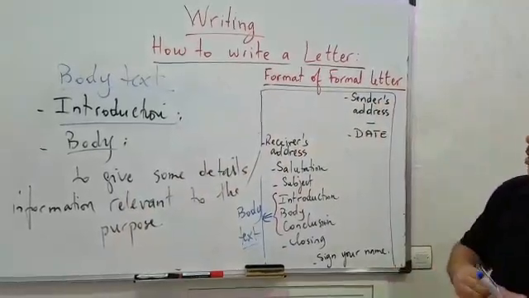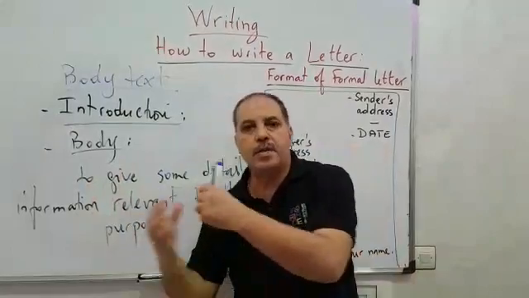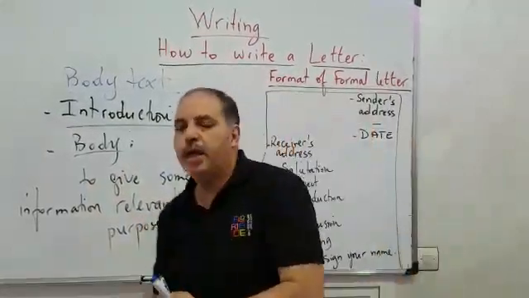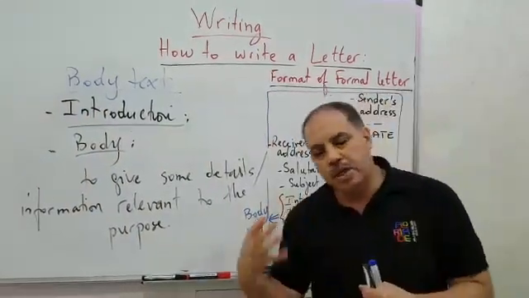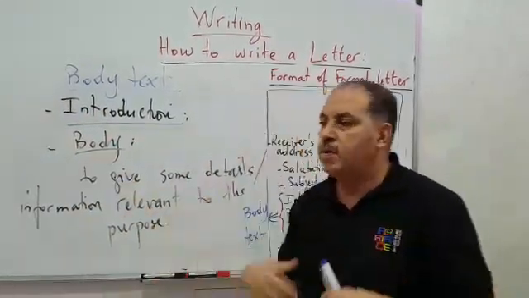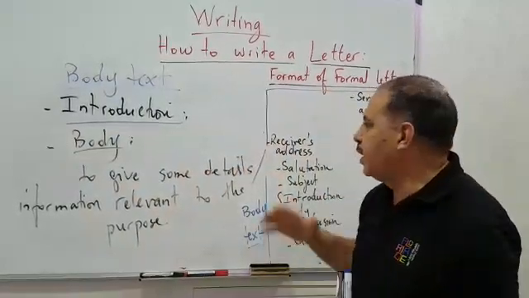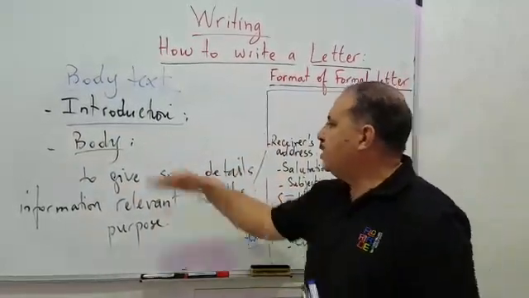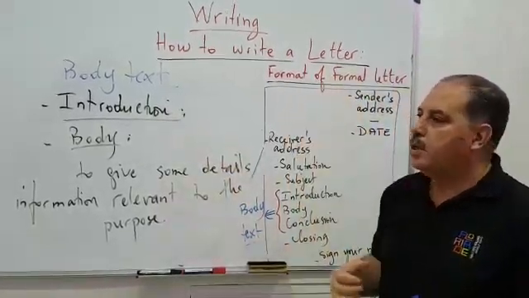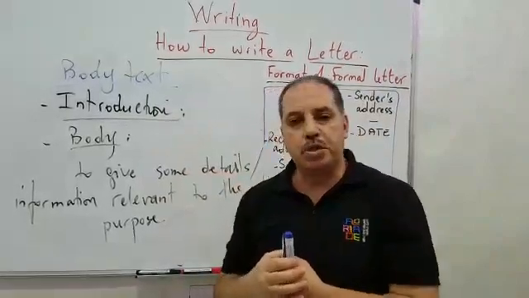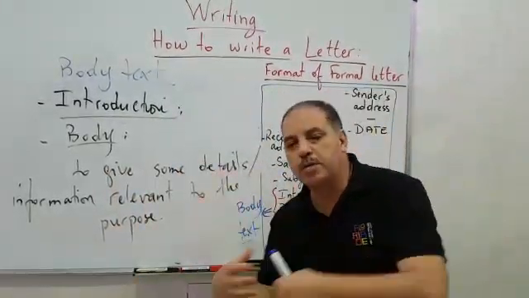It means you give some details about yourself. For example, I have this qualification, and I have done some training, some years in this company. So you give some information about yourself which is linked to the purpose. You say the purpose, for example you want this job or this grant or anything.